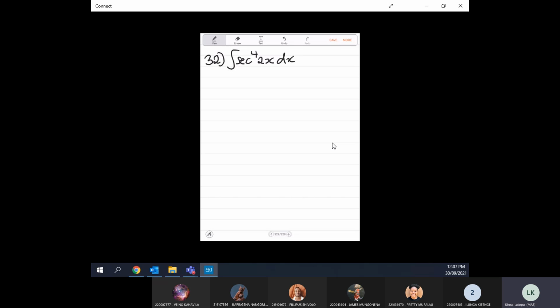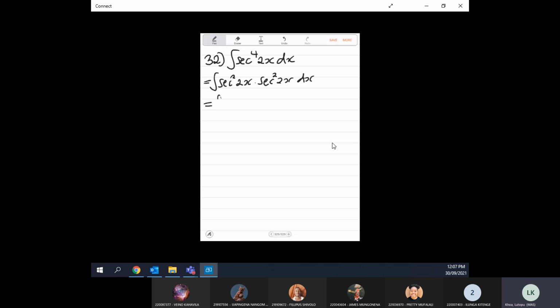So we will break it down as sec squared of 2x times sec squared of 2x, which is the integral of sec squared of 2x times sec squared of 2x dx. And then one of the sec squareds we have to rewrite as tan squared plus 1.